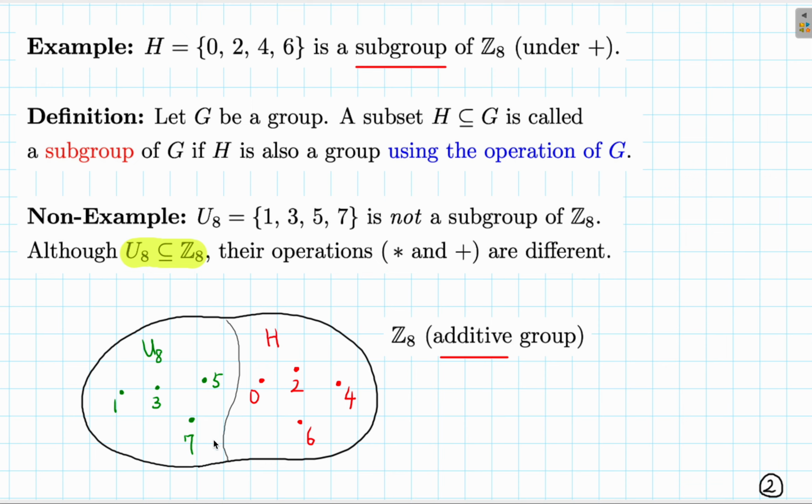However, this subset U8, even though it is a group, is not a subgroup of Z8 because the operation of U8 is multiplication, which is different from the operation of Z8. And so that's just something to be careful about when we discuss subsets.